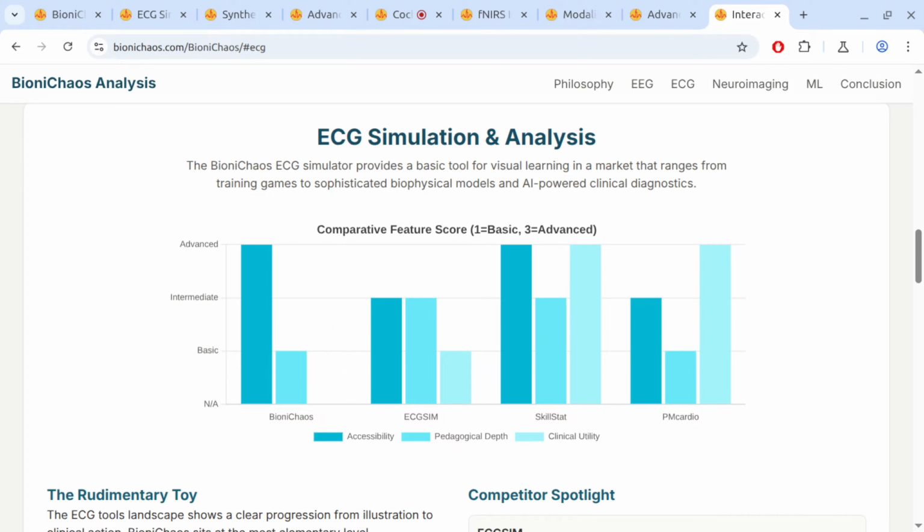It seems like Bionic Chaos doesn't have a specific metric for clinical utility in the comparison chart, unlike the other tools, which have scores for accessibility, pedagogical depth, and clinical utility. It might be because it focuses more on the educational aspects rather than direct clinical use.